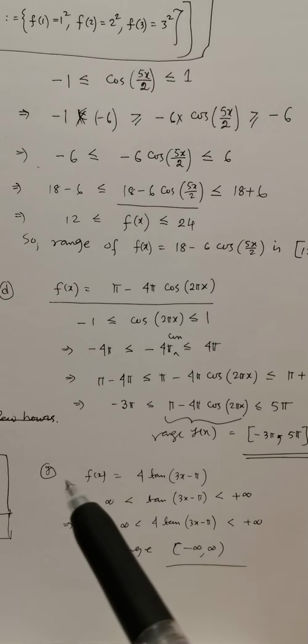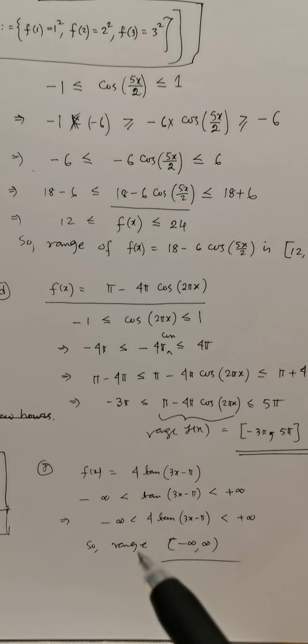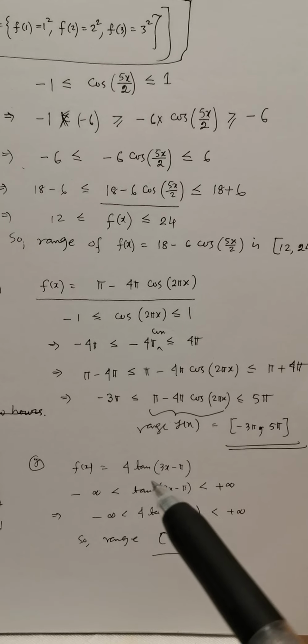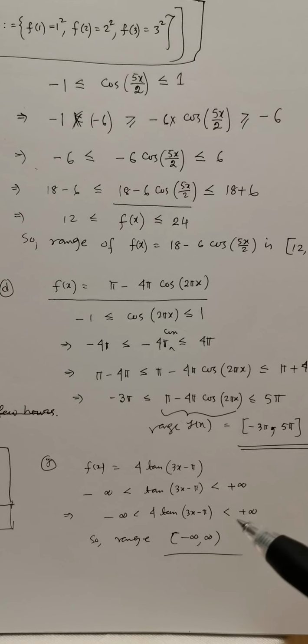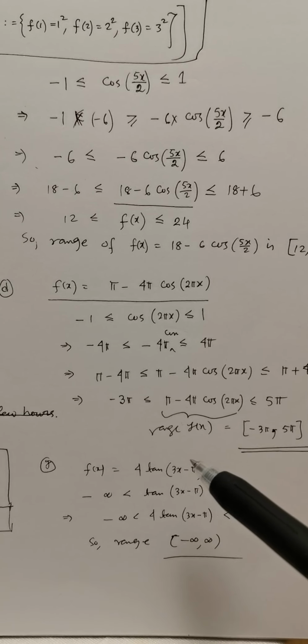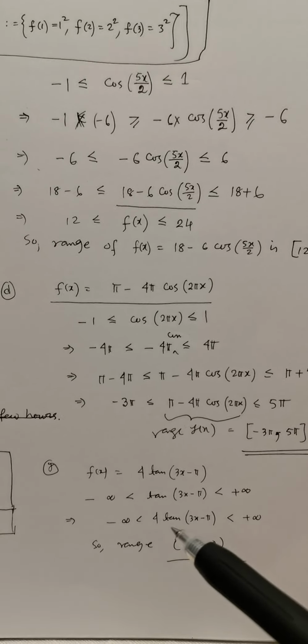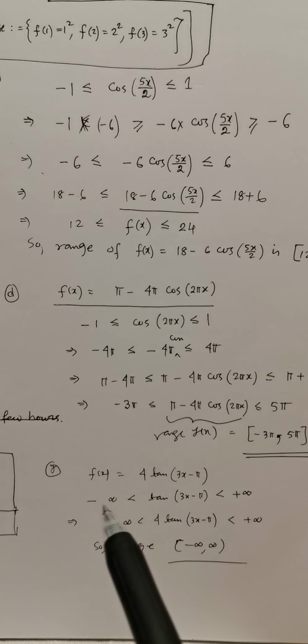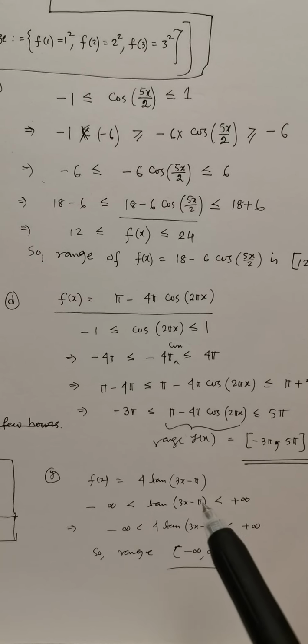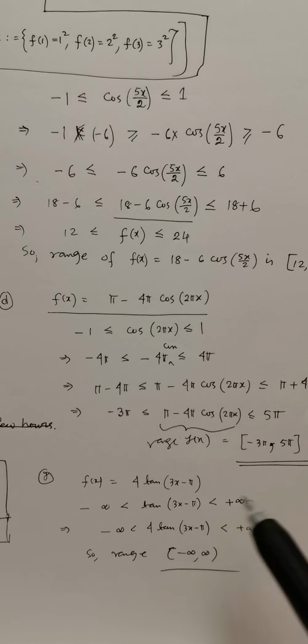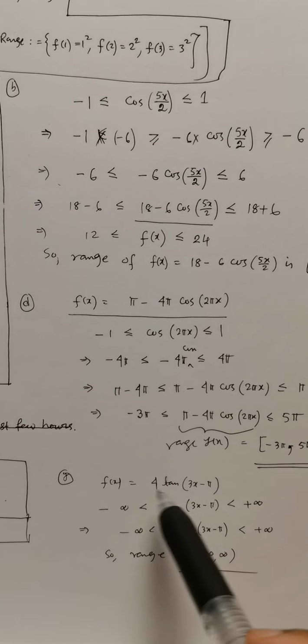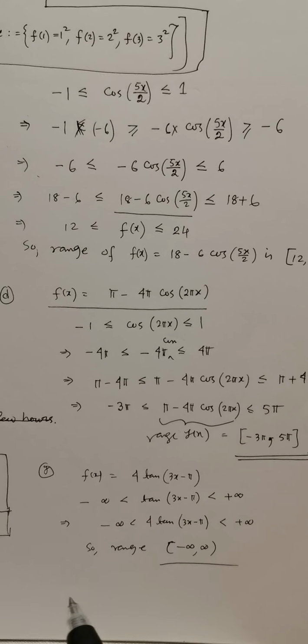For example, here you have tan of 3x minus pi, so minus infinity is less than or equal to tan of 3x minus pi, which is less than or equal to plus infinity. But they ask you to find 4 times that.